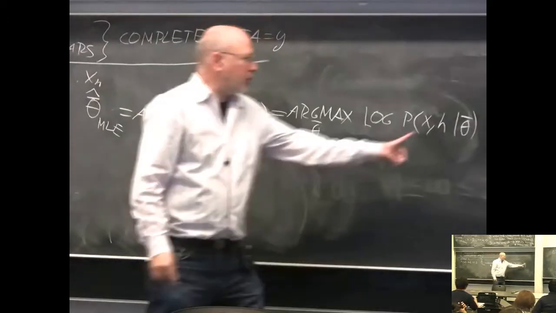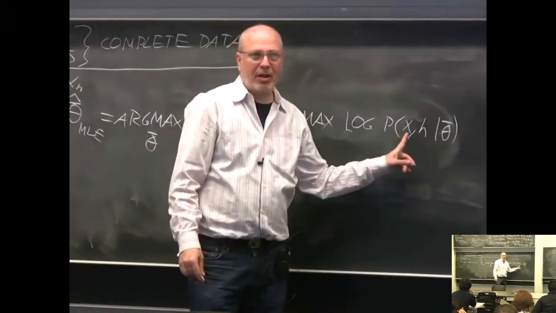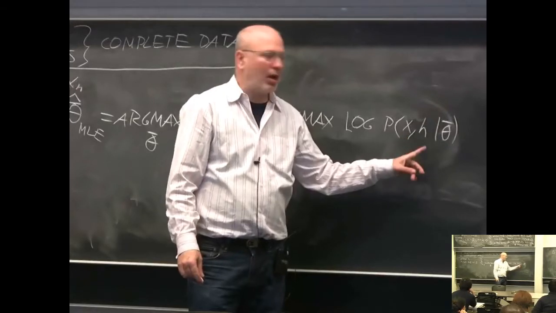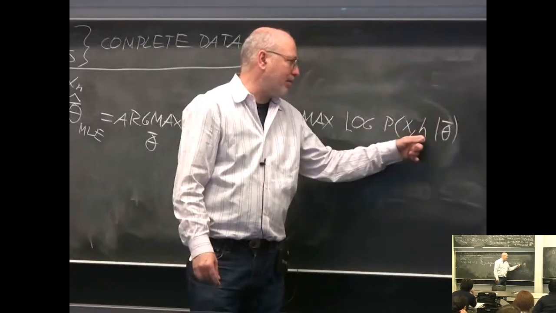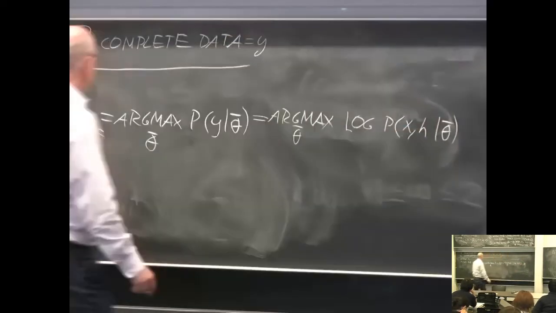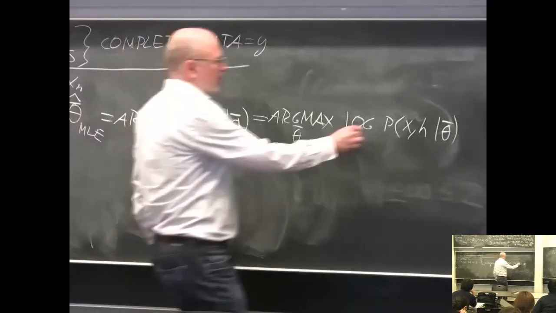By the way, I put the bar over the theta, but there should be bars over the x and the h too, because there could be many x's, many h's. I'm sorry, it's not the same kind of bar. This is a bar over parameter values. Well, yeah, they're vectors. They're x1 through xn. So they're also bars.